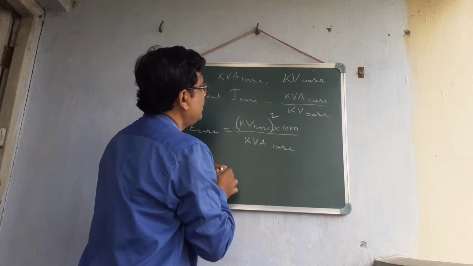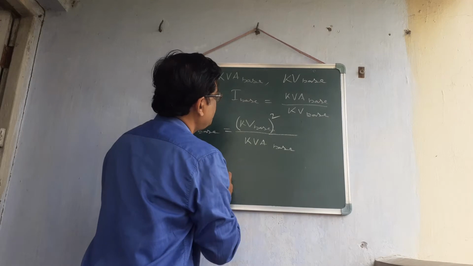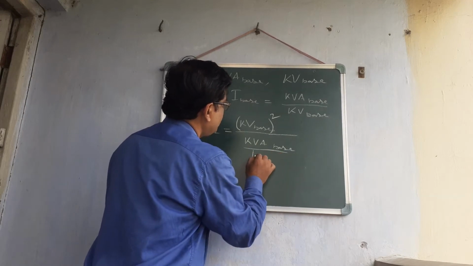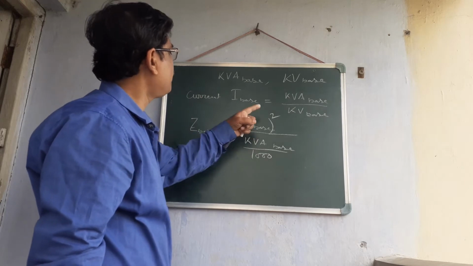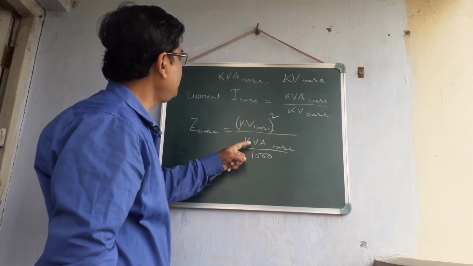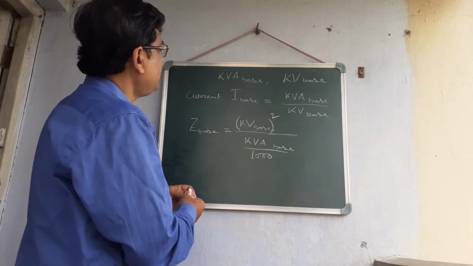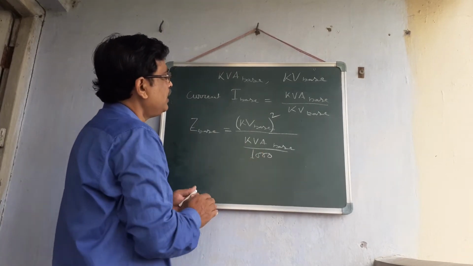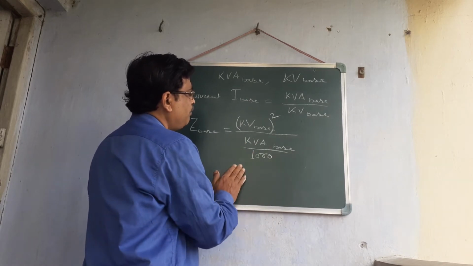Now this 1000 if we put here, it will be KV base square by KVA base by 1000. KVA base by 1000 means it is MVA base, so it is converted to MVA base.